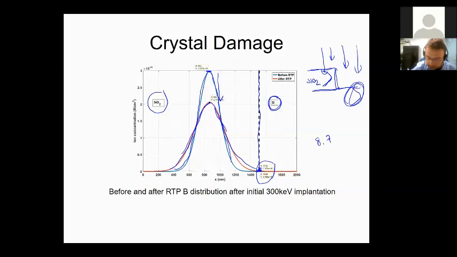With the diffusion, it's 8.7 times 10 to the 12 per centimeter cubed. So the concentration increased 100 times, but still, they're not really that drastically critical for the silicon crystal.